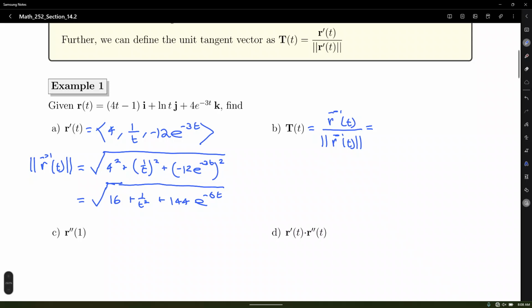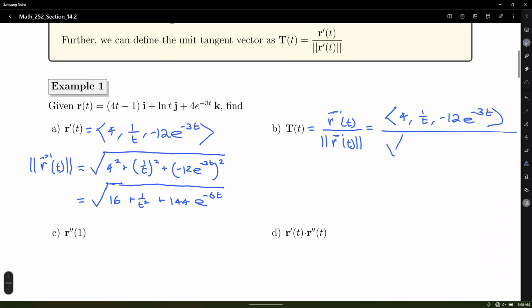What we got for part A, the first result, that is 4, 1 over t, negative 12 e to the negative 3t, divided by what we got for this radical: the square root of 16 plus 1 over t squared plus 144 e to the negative 6t.